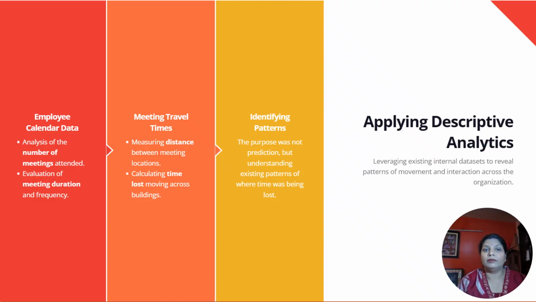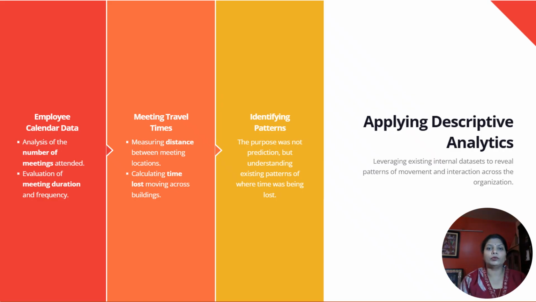So when descriptive analytics was applied using existing organizational data, the first data source was employees' calendar data. That involves analyzing the number of meetings attended by employees, as well as evaluating the meeting duration and the frequency of meetings.